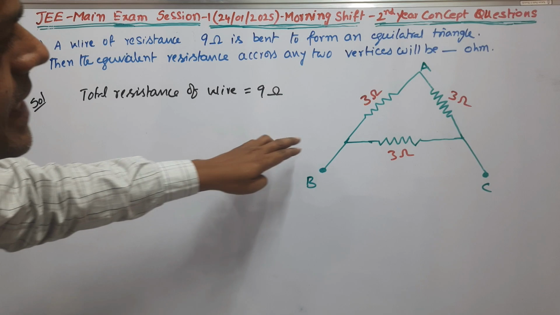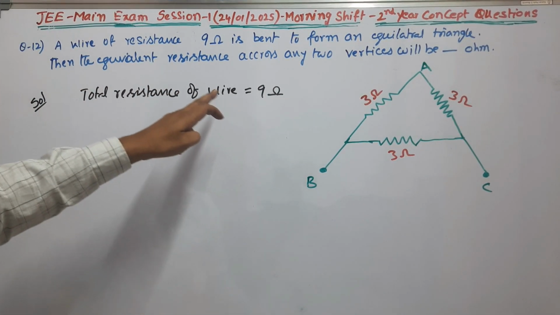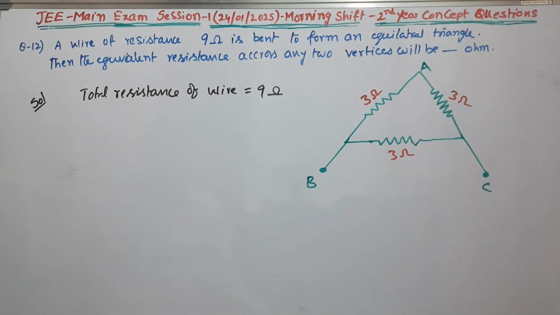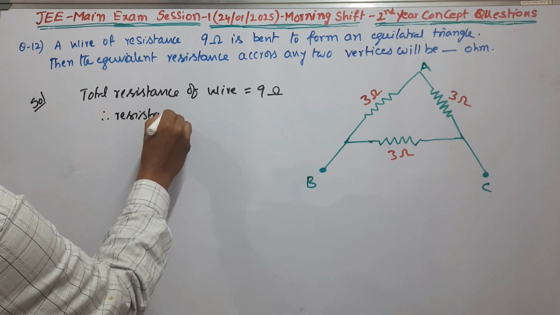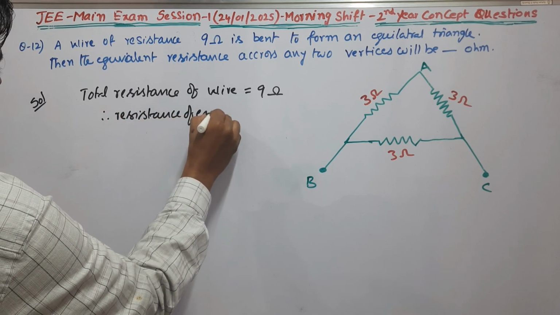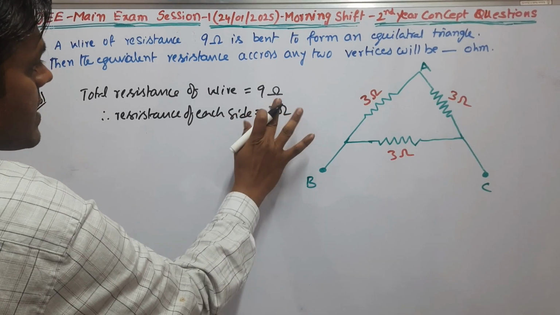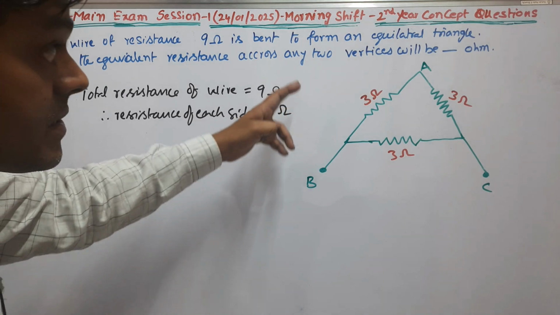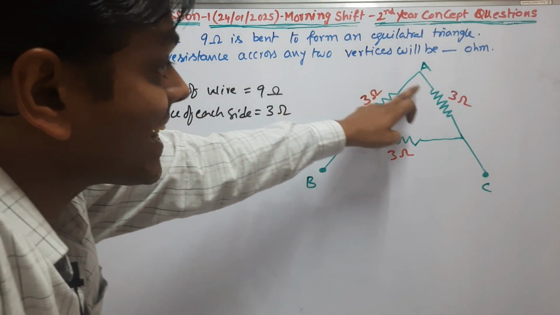Okay, when it is bent in the form of an equilateral triangle, therefore resistance of each side, how much? 3 ohm obviously, isn't it? Equilateral triangle, that means the 9 ohm resistor is bent into the form of an equilateral triangle.